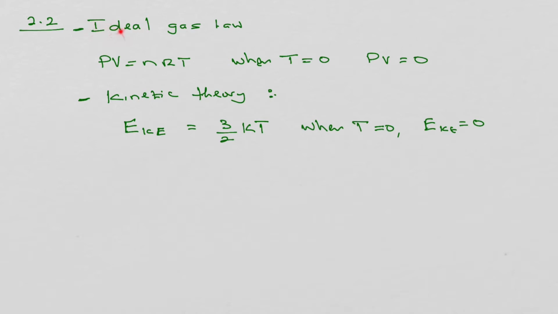In the ideal gas law, PV equals nRT, and when T is equal to 0, PV will be 0. In kinetic theory, the kinetic energy is 3 over 2 kT. When T is 0, kinetic energy is 0.